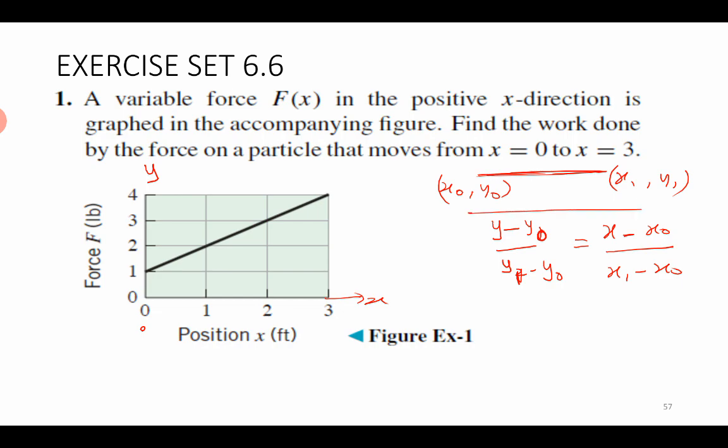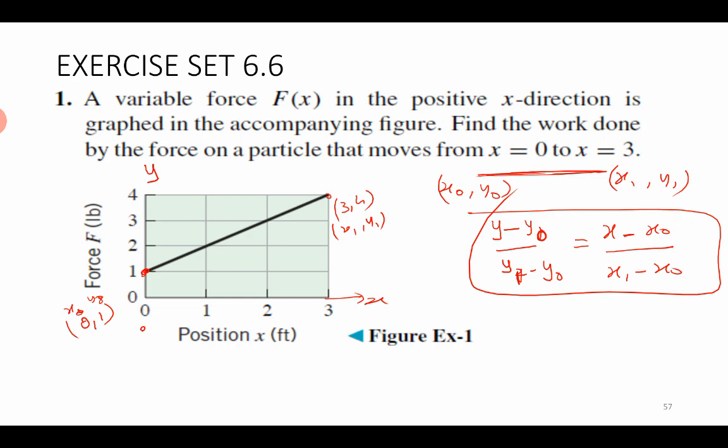We can use this formula to find it. So here you see this point is x is 0, y is 1. So x0, y0 has been given here. And this point x is 3, y is 4. So x1, y1 has been given here.